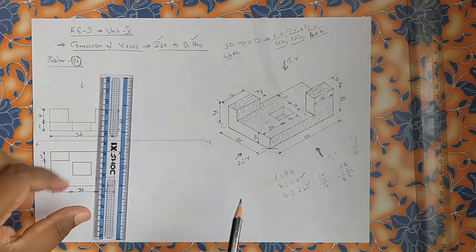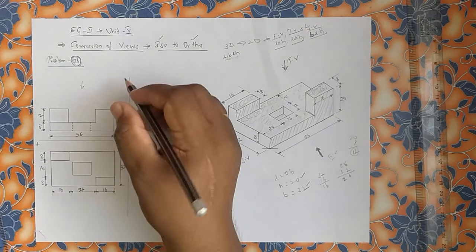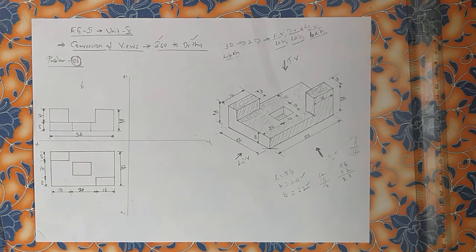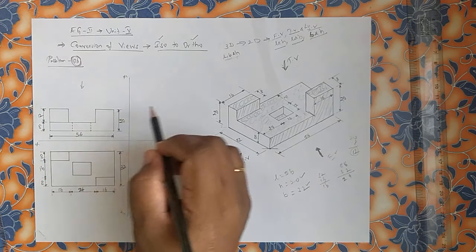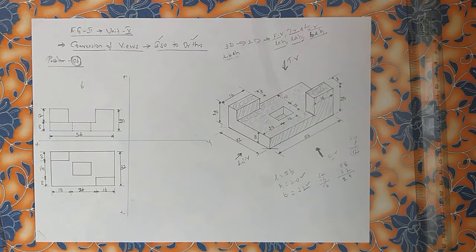See, same thing, I am taking one more vertical reference line which is nothing but x1, y1. Now as I said, left side view should be at the right side of the front view. So here you are supposed to draw your side view.